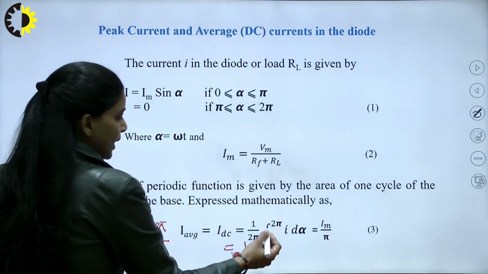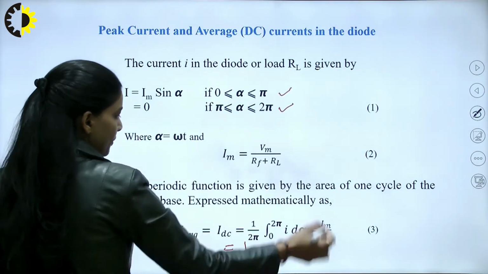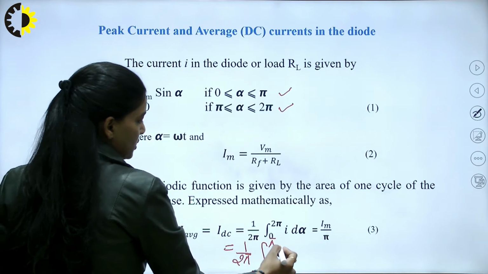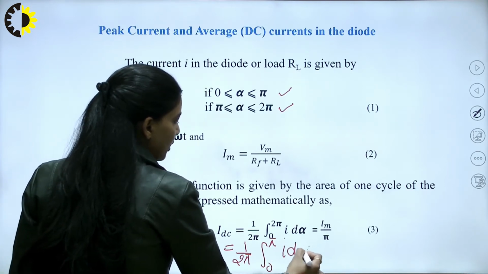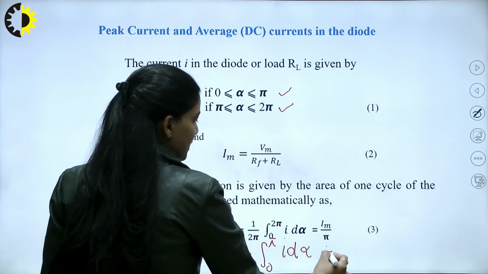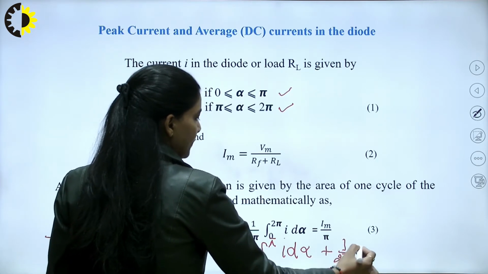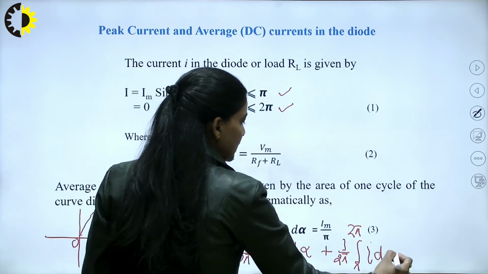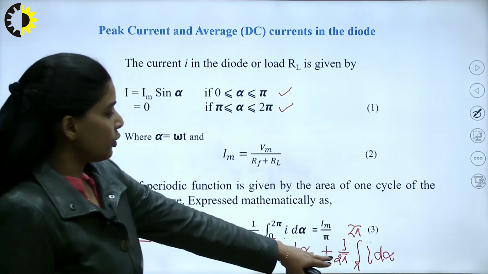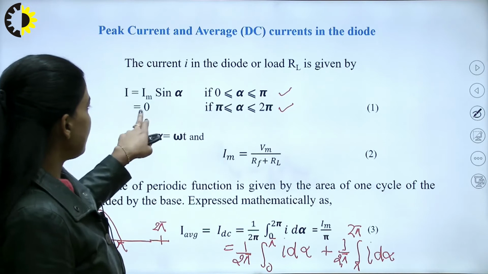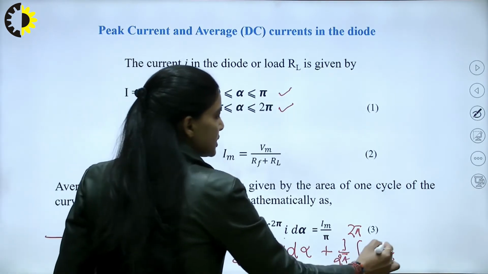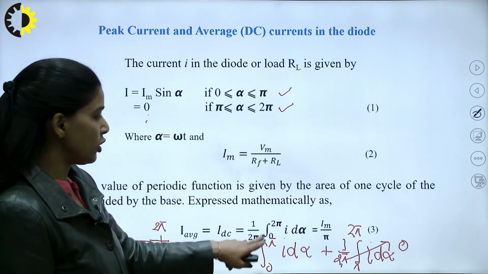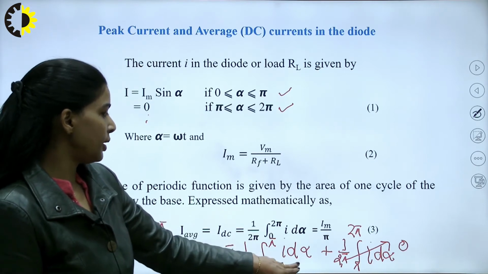So, we can write it as 1 upon 2 pi, 0 to pi, I d alpha, plus 1 upon 2 pi, pi to 2 pi, I d alpha. In the duration pi to 2 pi we have seen that the function is 0, so this term is 0. So, we need to integrate 1 upon 2 pi, 0 to pi, I d alpha.